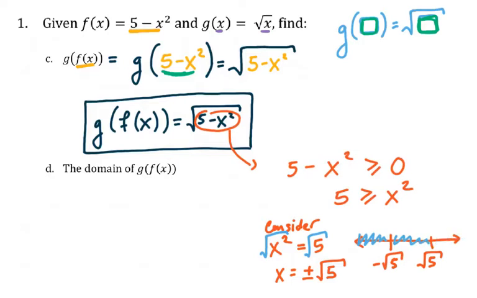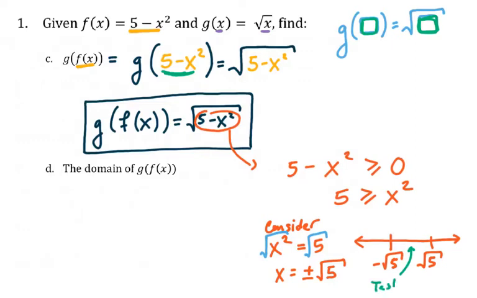And the deal with these guys is it's either going to be true that the domain values we care about are like the outsides of this interval, those outer pieces, or it could be true that we want the inside values. So an easy way to check on that is to pick a test value. I know a good number in between negative square root 5 and positive square root 5 is 0.